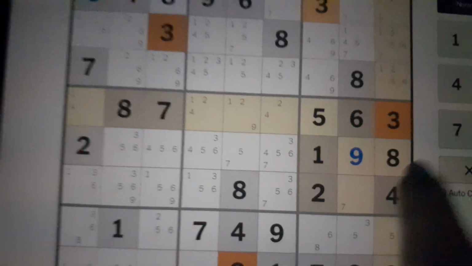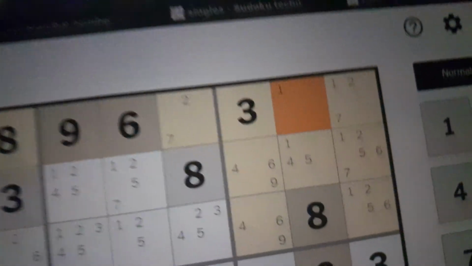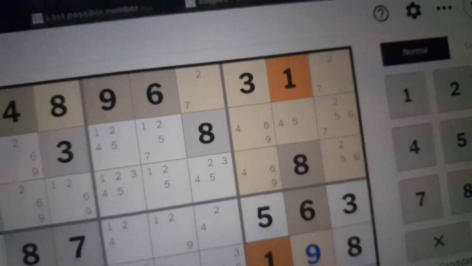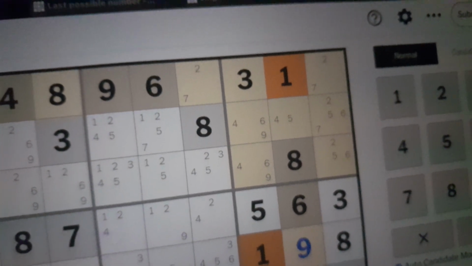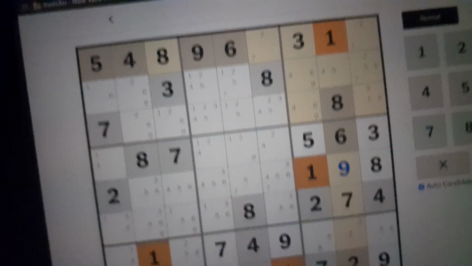Now, because of that, we can essentially complete this entire block. Obvious singles again in this cell, where the only possible option is 1, so that's where you place it. Even though it was also a possible candidate in other cells, in this specific cell it was the only candidate, so that's where it belongs.